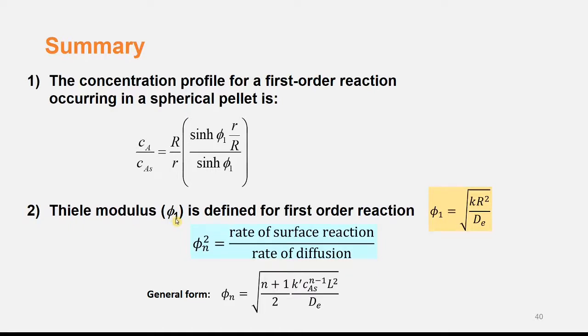The square of the modulus is the rate of surface reaction divided by the maximum rate of diffusion inside the pellet. The general form of the Thiele modulus is given here, and for a first-order reaction, it is simply the catalyst radius multiplied by the square root of the surface reaction rate constant k divided by the effective diffusivity D_E.